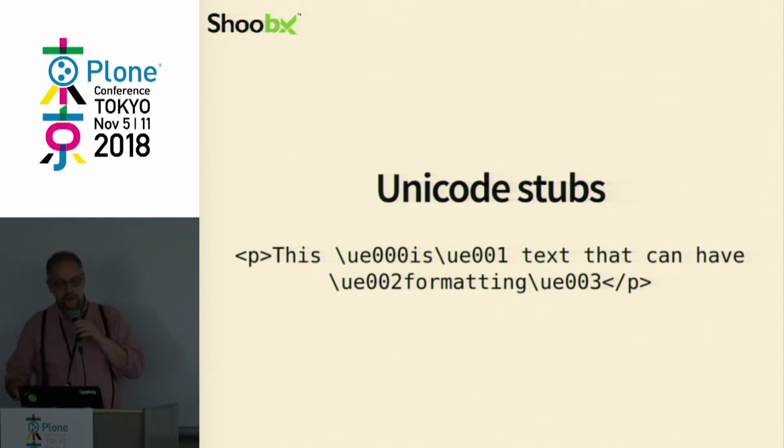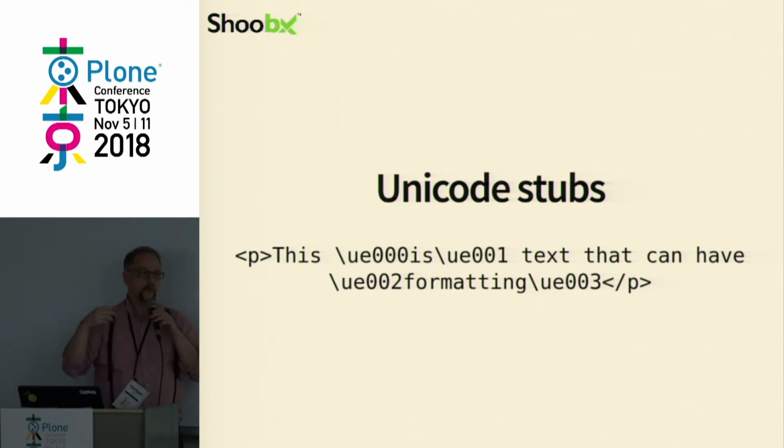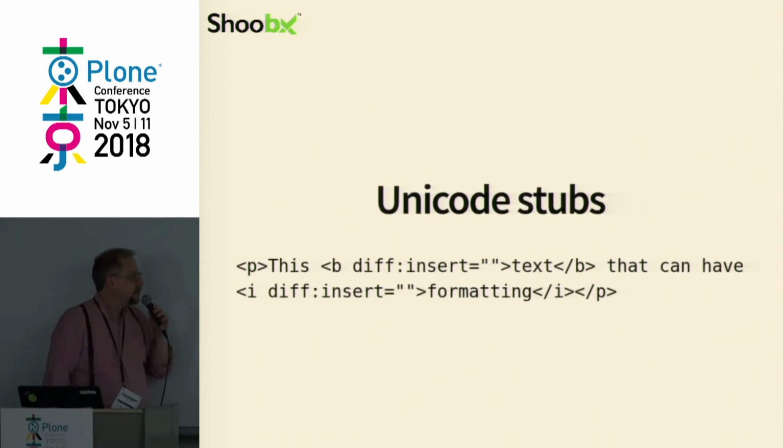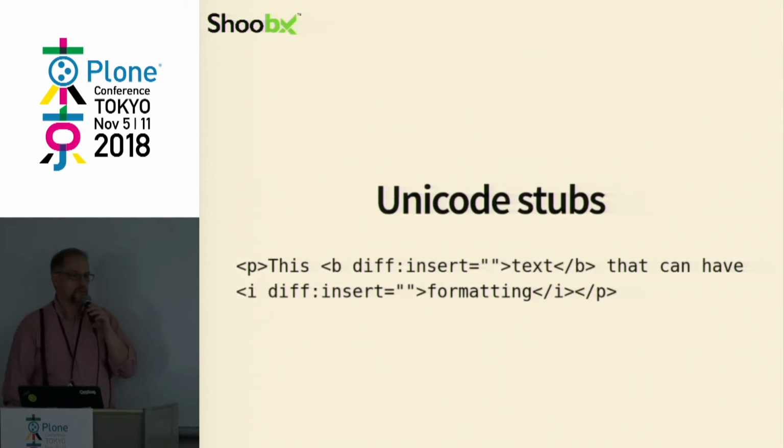And then after we've done the diffing, we'll unreplace this with the new tags and add the proper insert and delete attributes on those tags. And these characters are from the private use area in Unicode, so we're allowed to do it. It won't end up by mistake being Chinese characters or Japanese characters.